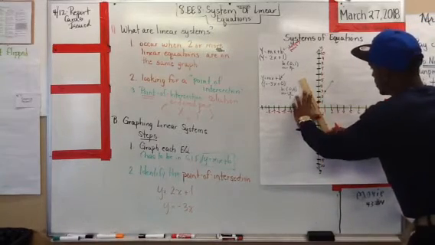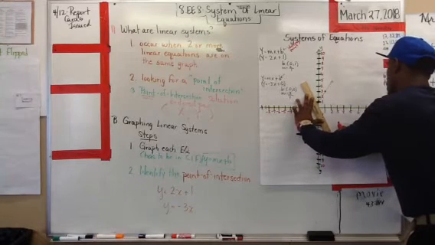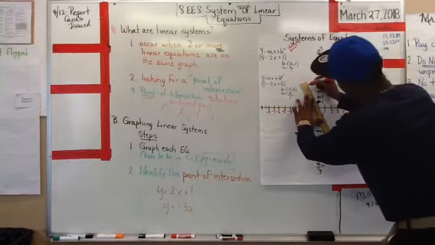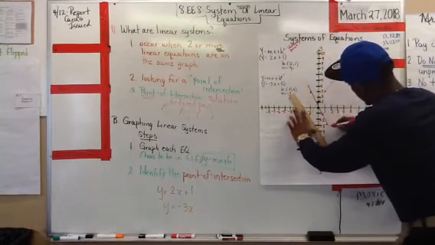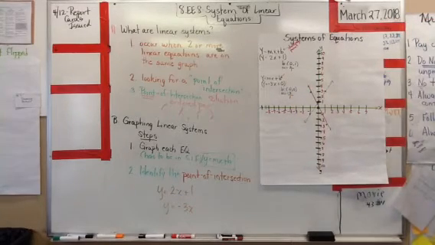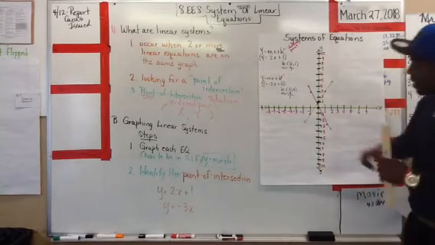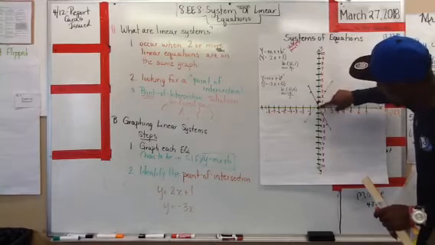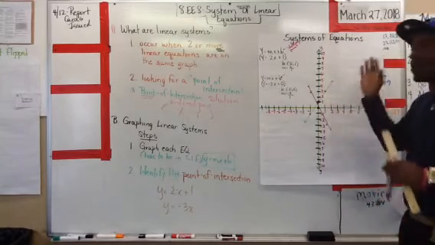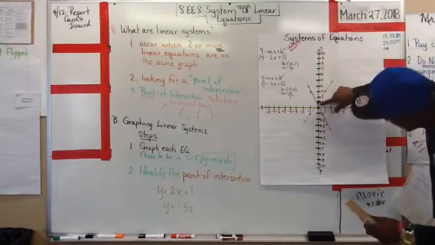Of course my drawing isn't the best. In theory, that line is supposed to hit those points. Look at it. Where did they intersect? Right here. They're supposed to intersect at 0, 1, but because my lines aren't perfect, it doesn't quite make it to 0, 1.